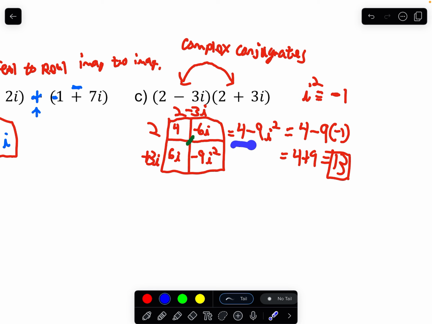So you end up with this: 4 minus, the i's go away. You got 4 minus 9i squared, which is 4 minus 9 times a negative 1, which becomes 4 plus 9, and you get 13. Notice the neat property of conjugates. When you multiply conjugates together, you get a real number out with no imaginary part. Okay? So that's how you multiply.